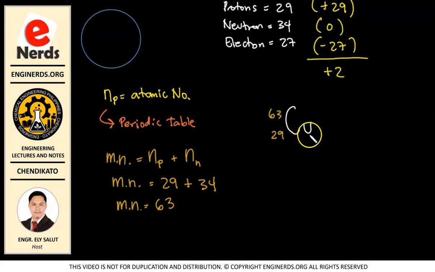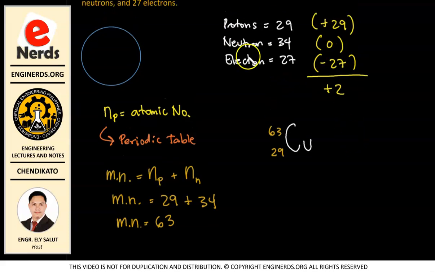Now we have a positively charged element here. If you don't write anything here, that means it is neutral, and neutral means the number of protons is equal to the number of electrons, but it is not. We have protons, which is 29, and electrons, which is 27. So you have to write the charge on the top right, where in this case the charge is plus 2.